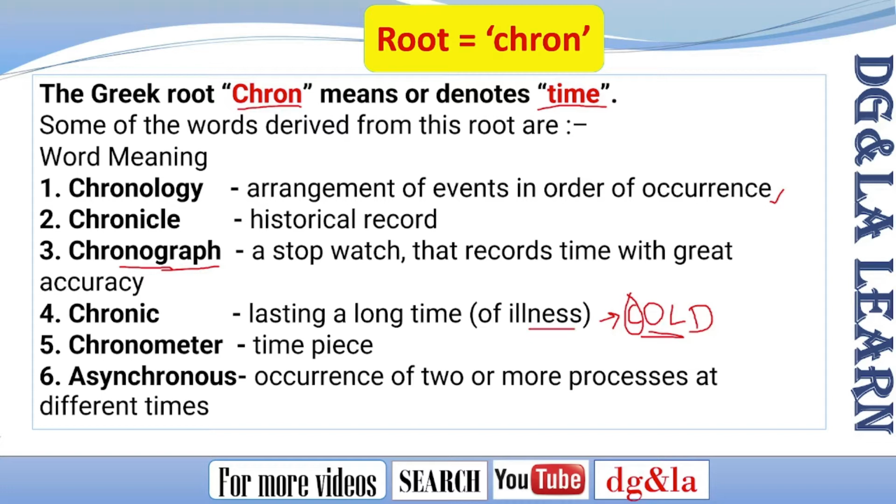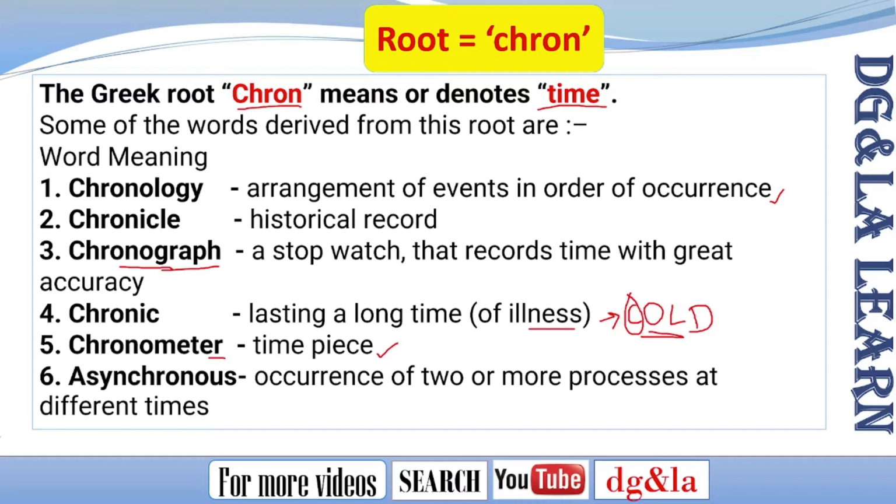The next one is chronometer. It is nothing but simply a timepiece. Chronometer can be used as a device for measuring time, or a watch, or a clock. Any such piece we call a chronometer. And the next one is asynchronous.